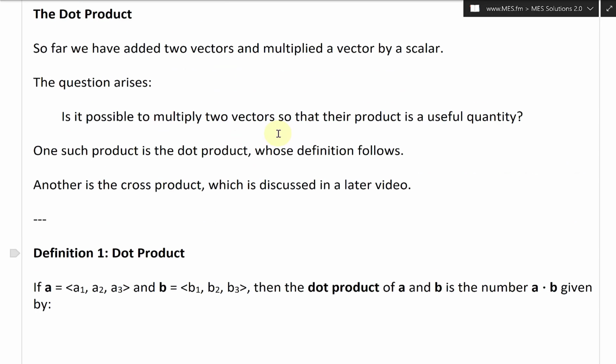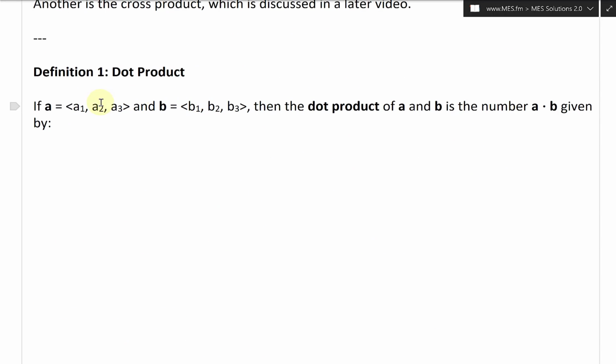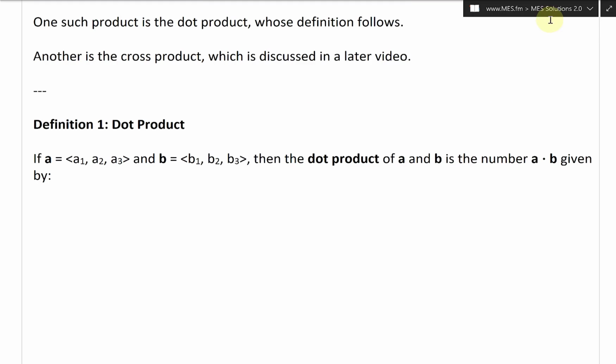Alright, so now let's continue further and look at definition 1. We'll define the dot product, and we'll show how we can utilize it to be a useful concept, a useful quantity. So if the vector A, and remember we bold them if it's a vector, has components ⟨A1, A2, A3⟩, where you write these triangle brackets to indicate it's a vector, and the vector B has components ⟨B1, B2, B3⟩, then the dot product of vectors A and B is the number A dot B, given by the following, and we'll write this over here.